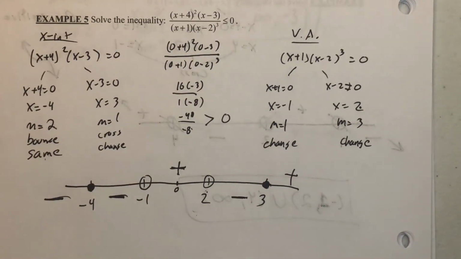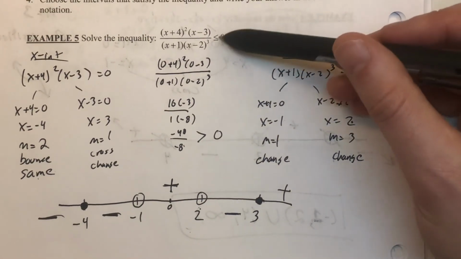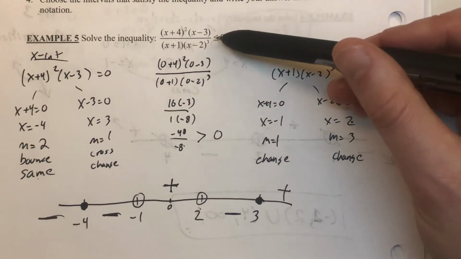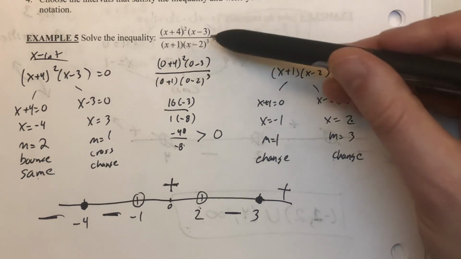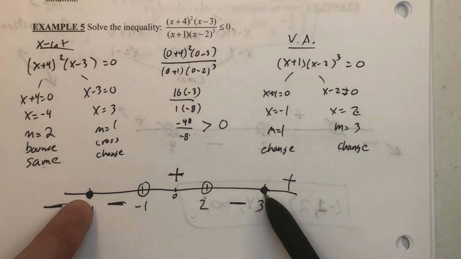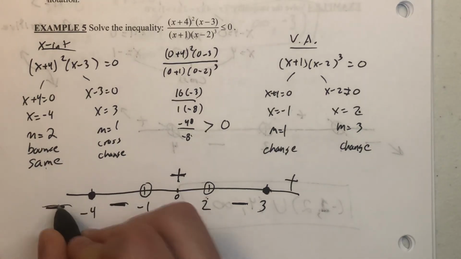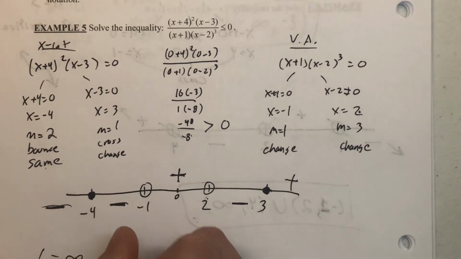And with this graph of signs, we now finally get to go back and say, what do we want? We want less than or equal to 0. Less than or equal to 0 means we want all these negatives and to include points if necessary. So, starting from left to right, we've got negative. So we can start at negative infinity and come left.